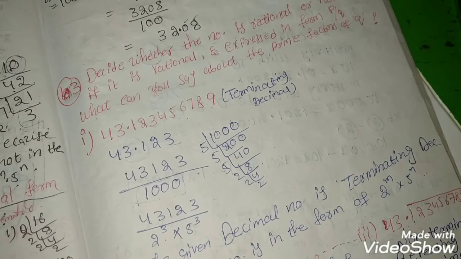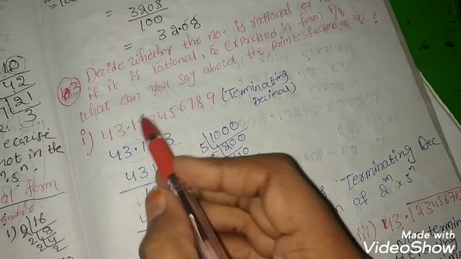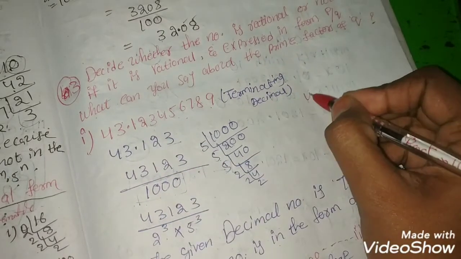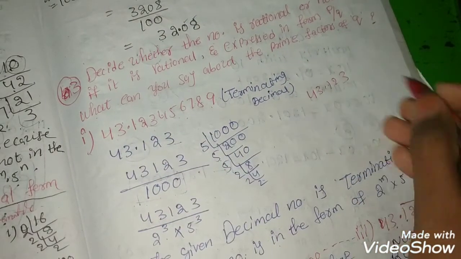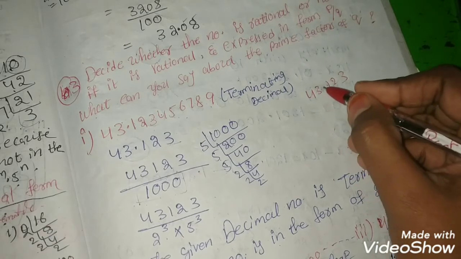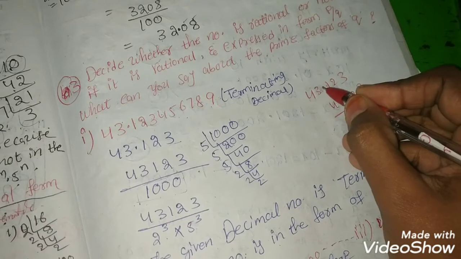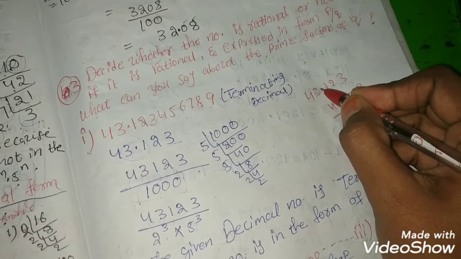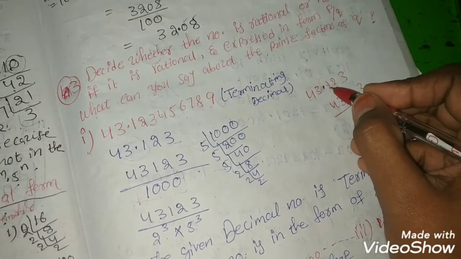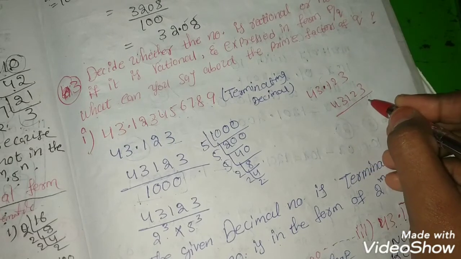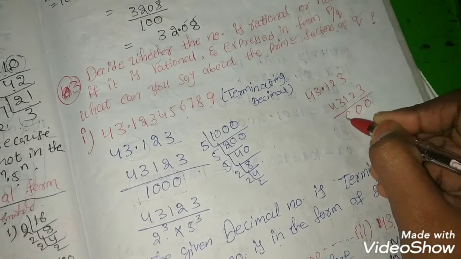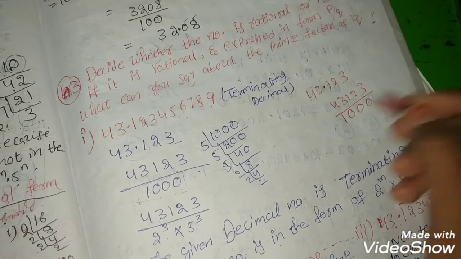It's very simple. Take 43.123. We have to write 43123 divided by, after the decimal point, how many digits are there? 1, 2, 3 digits are there. You have to keep 3 zeros: 1, 2, 3, after keeping 1.